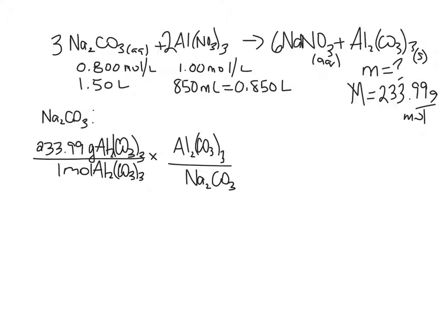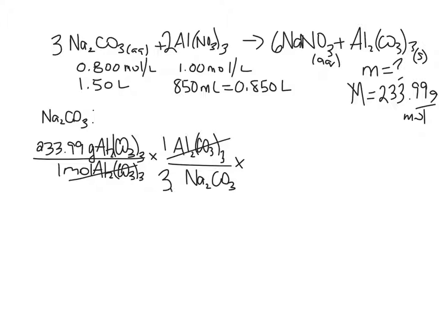We look back at our balanced chemical equation. Here we go. Oh, I can make them flash. All right. So we've got 1 and 3. Got rid of aluminum carbonate. Now we're down to sodium carbonate.